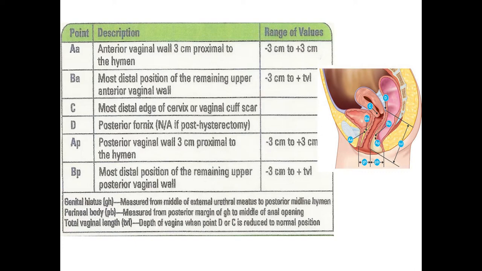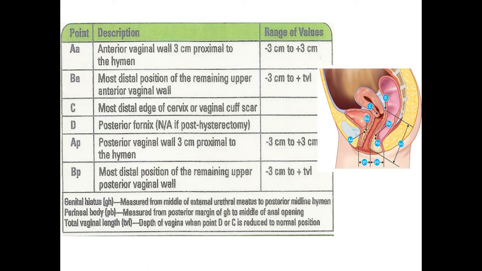C is the most distal edge of the cervix or vaginal cuff scar in case of post-hysterectomy. D is the posterior fornix, not applicable in post-hysterectomy patients. Ap, the posterior vaginal wall 3 cm proximal to the hymen, is minus 3 cm in the absence of prolapse and plus 3 cm maximally in the presence of prolapse.